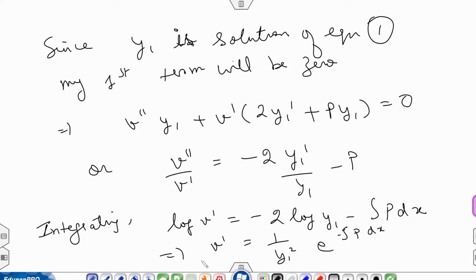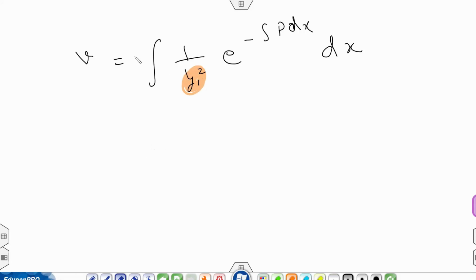And now again integrating it, you will get the value of v, which was our main aim, to find the value of v. So now you have seen with the help of the known function how we can find out the unknown function. Now since v is known by this integral, in this integral obviously you know this quantity y1, and you already have this p.